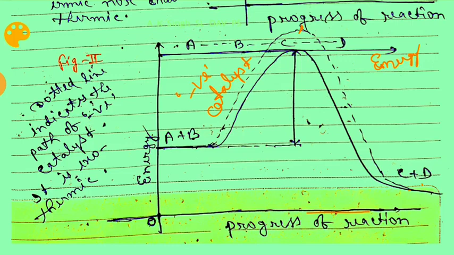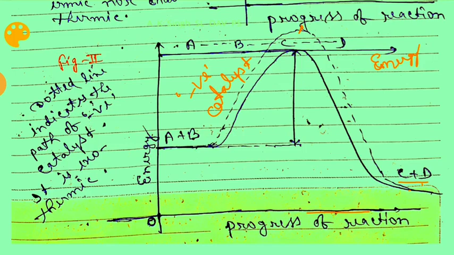So if the curve graph is above the initial graph, it means activation energy is increased, rate of reaction is decreased, but there is no change in the amount of product, that is C plus D. And this graph indicates an exothermic reaction.